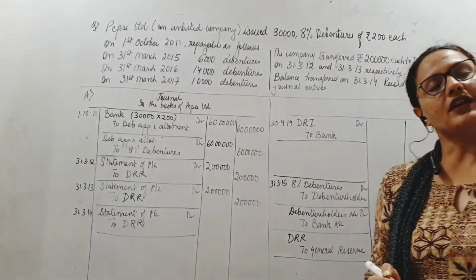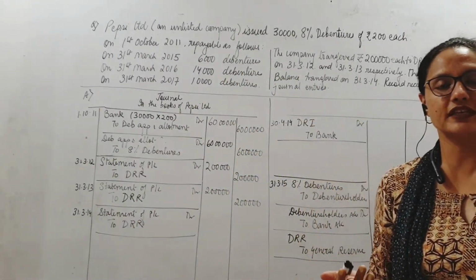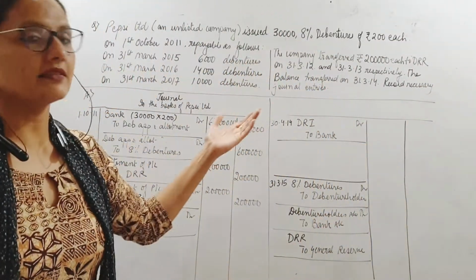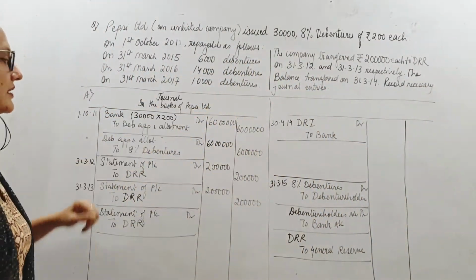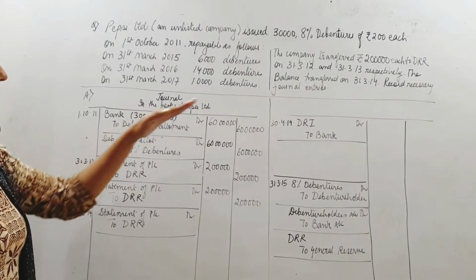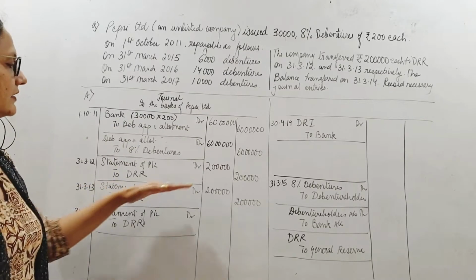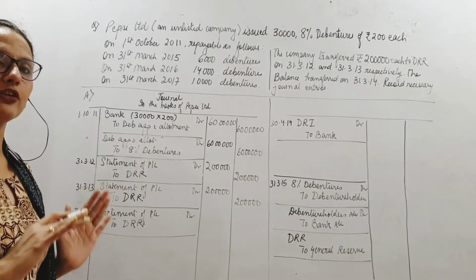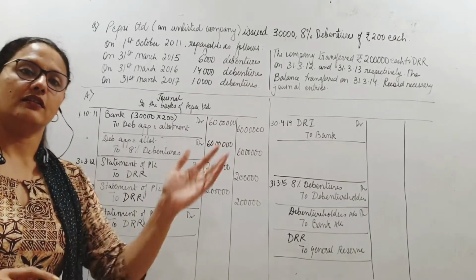So we would transfer the entire amount to be created as DRR on 31/3/14 in that case. If it is not given in the sum; since in this sum it is given, we pass the same entry on different dates. 31/3/12, 2 lakhs. 31/3/13, 2 lakhs. Same entry. The transferring every year, at the end of every year, part of the profits for redemption.